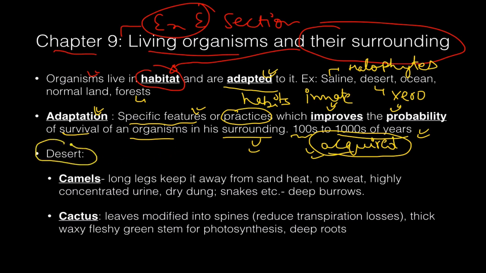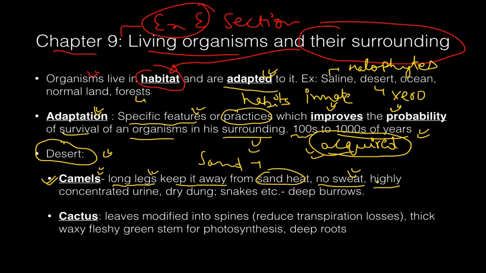Now an example in the desert. The most common organism when it comes to desert is the camel, because they are extremely adapted to that. They have extremely long legs which keep the body away from the sand heat, since sand becomes very hot. If most of your body is above the sand, you will not feel that much. And it does not sweat at all. Mammals usually sweat, but camels do not.